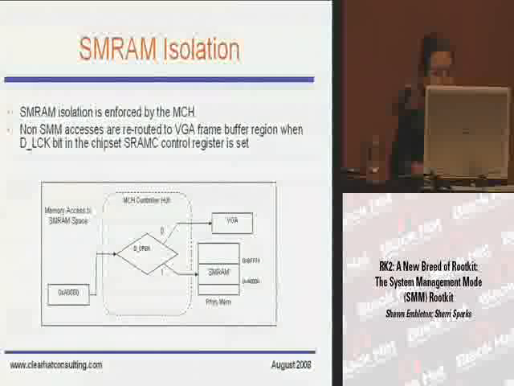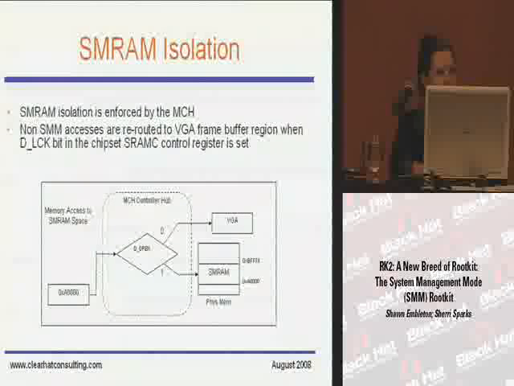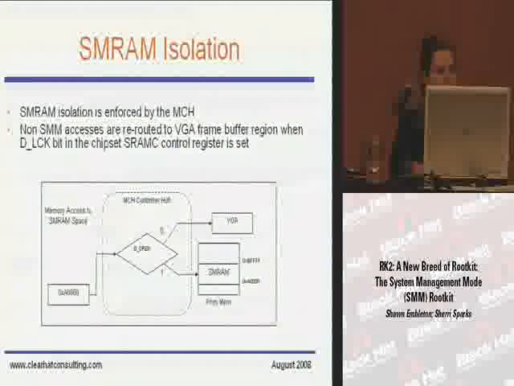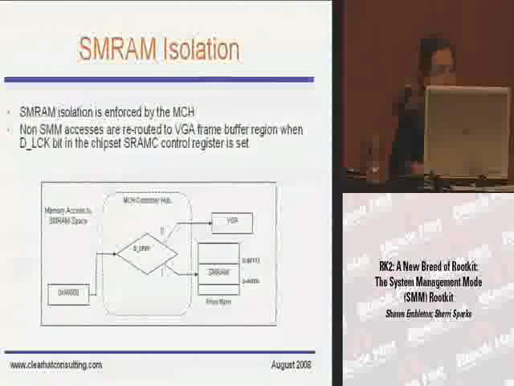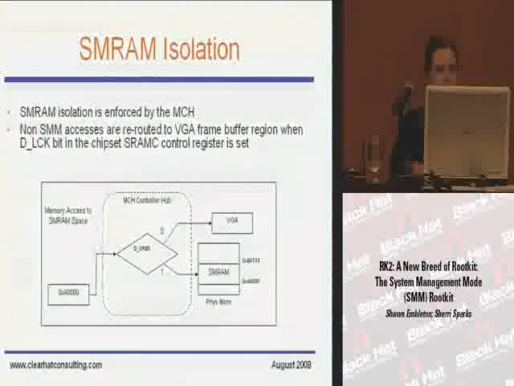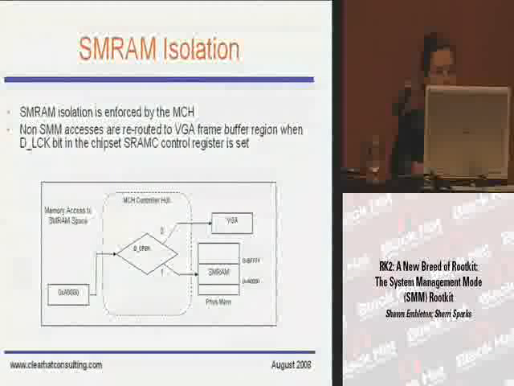One of these is a bit called D_OPEN, in the system management mode control register, which I believe is defined in the MCH documentation for the chipset. What D_OPEN does is control the visibility of SMM memory from inside and outside system management mode.